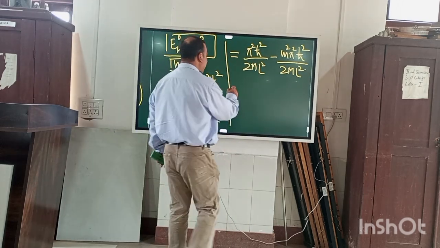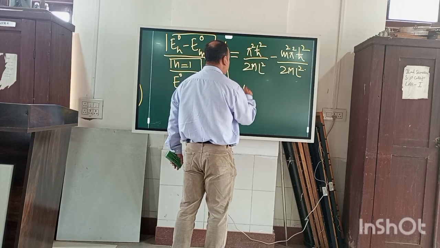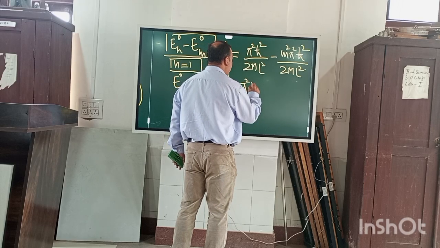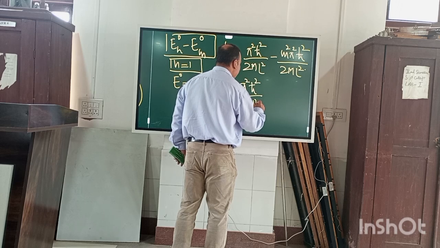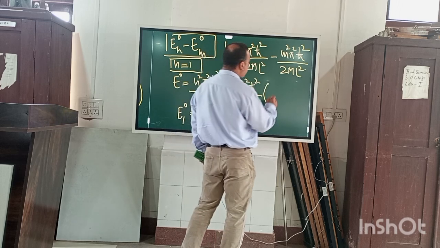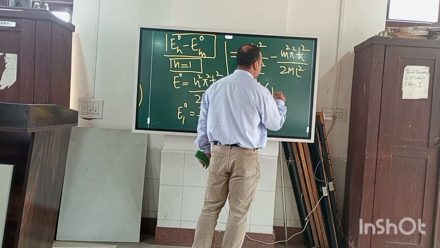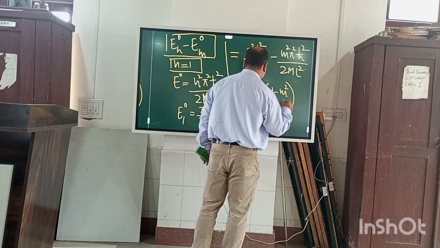So we can take the common terms out: pi squared, h bar squared, 2ML squared are out, and inside we'll be left with 1 minus m squared.